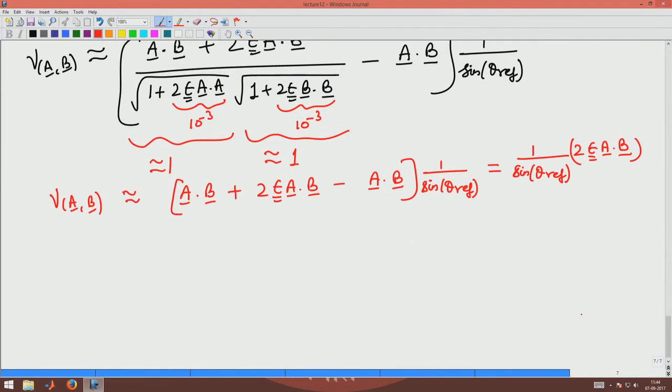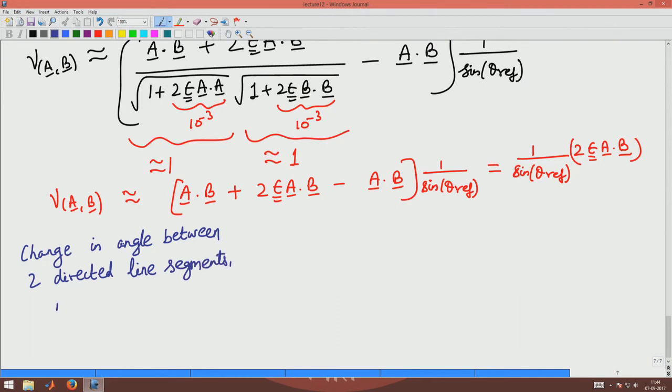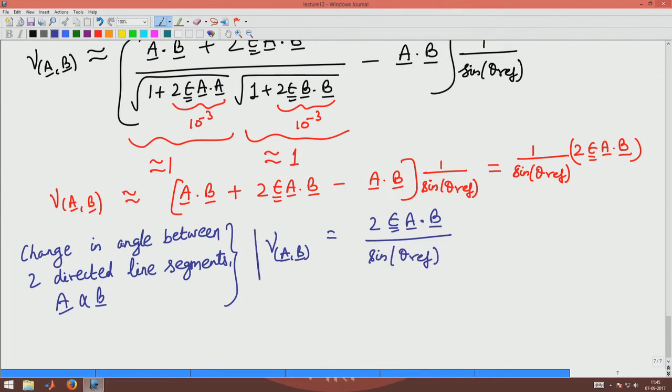So, the change in angle between two directed line segments A and B is given by gamma A comma B, that will be 2 times epsilon A dot with B divided by sine of theta ref. Okay. That is an important expression that you should remember.